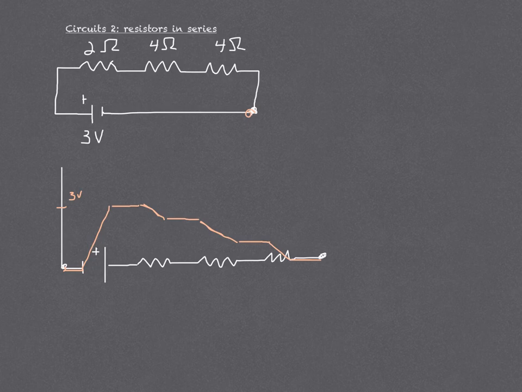So our equation here would be the voltage that it gains minus the current through that first resistor. I'll just label that one as R1, minus the potential across the second resistor, which is IR2, minus IR3, and then that finally ends up back at 0.